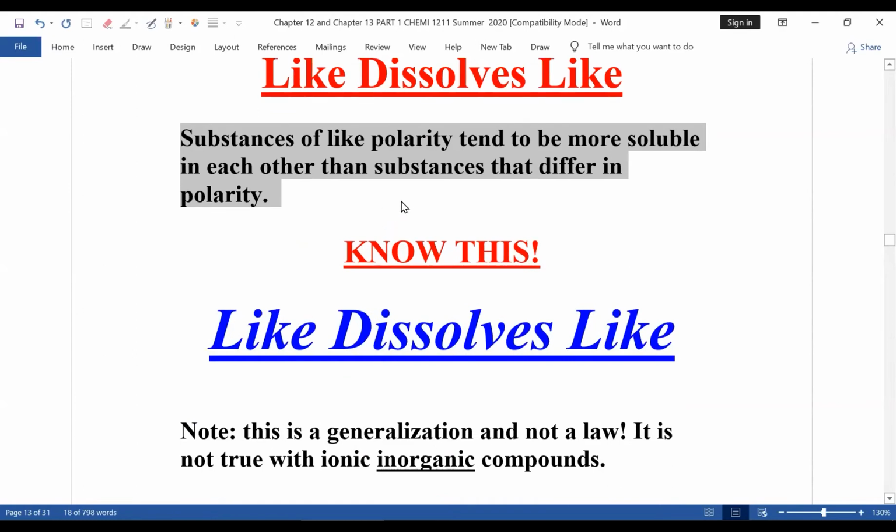Things that are polar are soluble in polar things, and things that are nonpolar are soluble in nonpolar things.